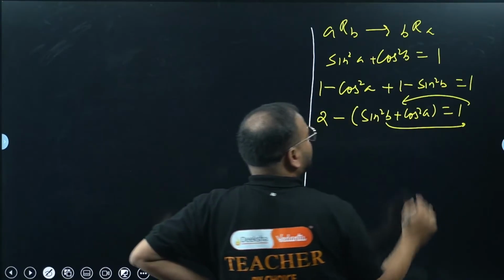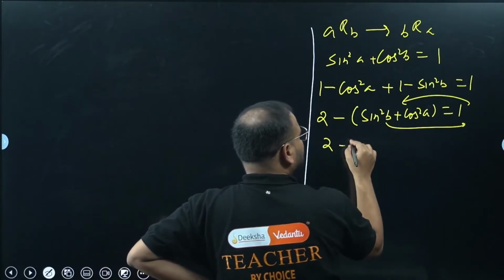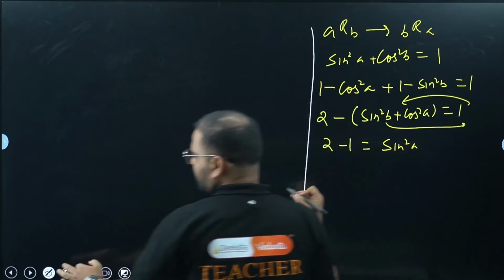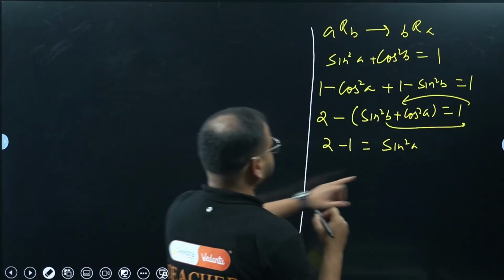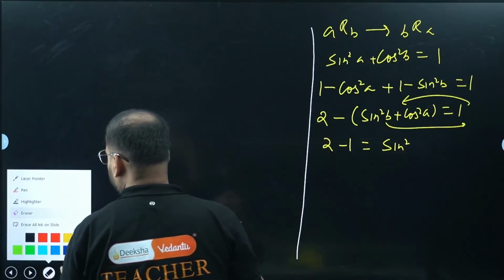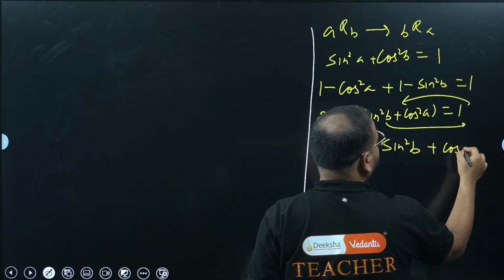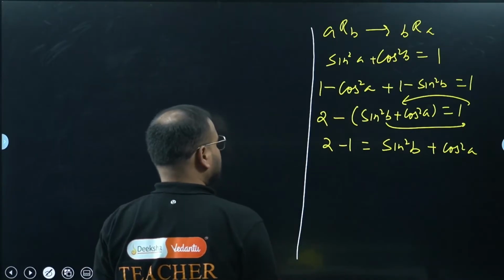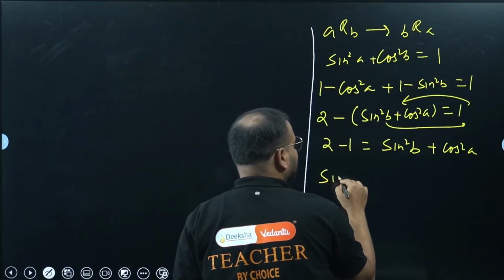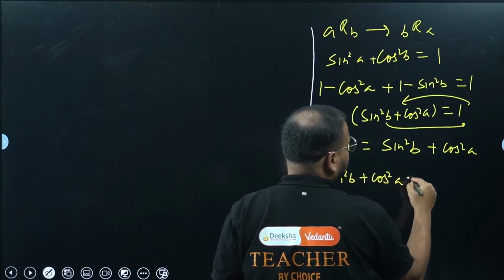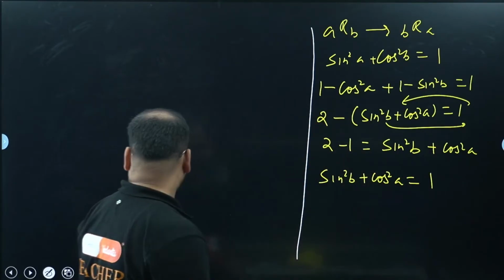So 2 minus 1 equals sin square B plus cos square A, which is 1.